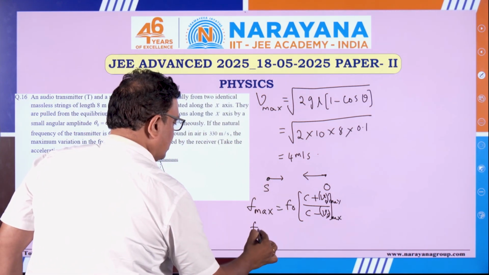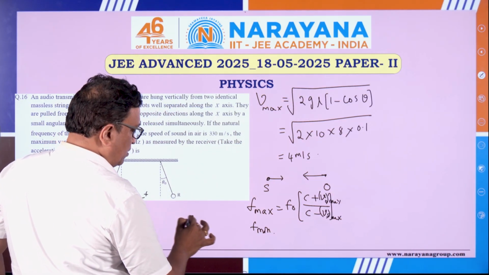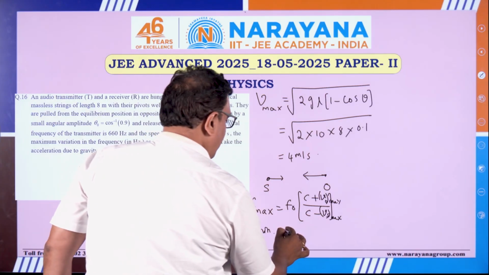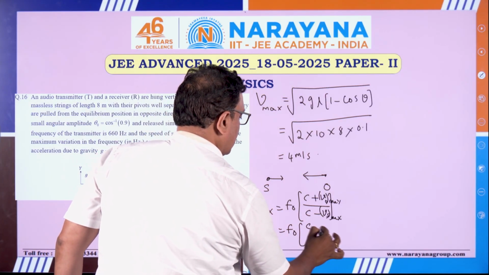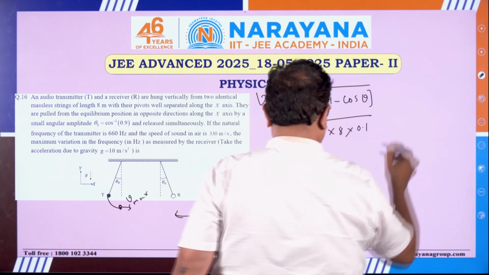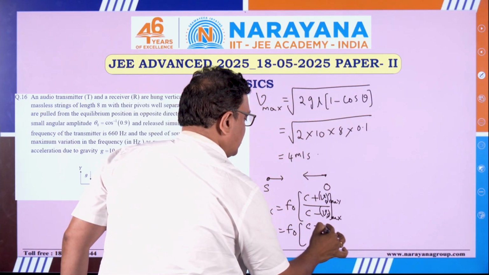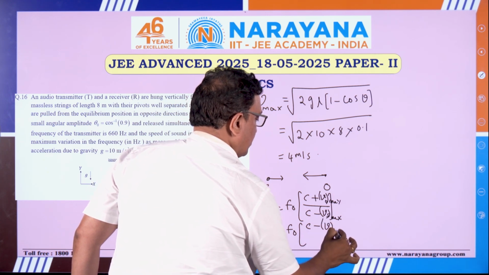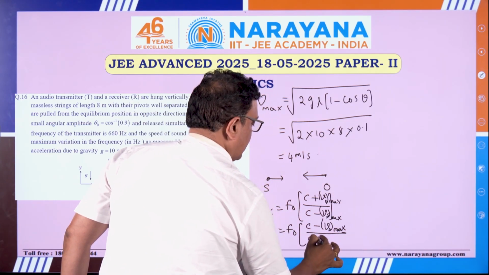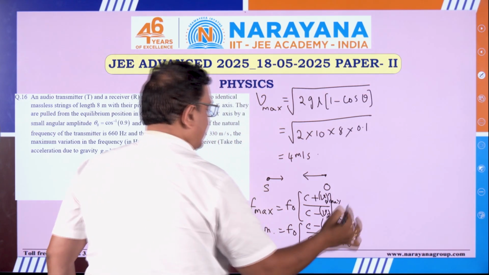Similarly, what is F minimum? F minimum is that condition where the source moves away like this. So therefore, F minimum is F naught times C minus V naught max by C plus V source max.